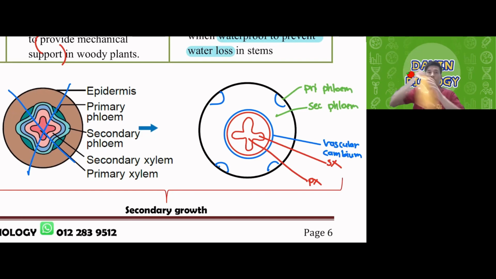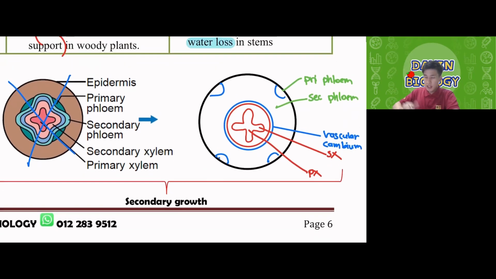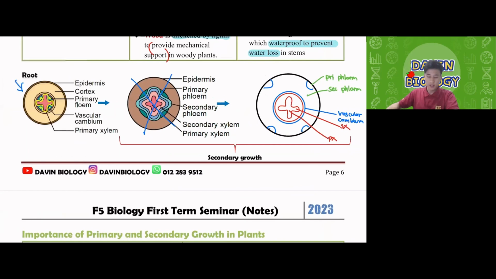Can or not? So same, you can see the primary phloem further away, the primary xylem also further away from the ring. Then closer to the ring one is your secondary. Done. Okay, a little bit more things we go through.